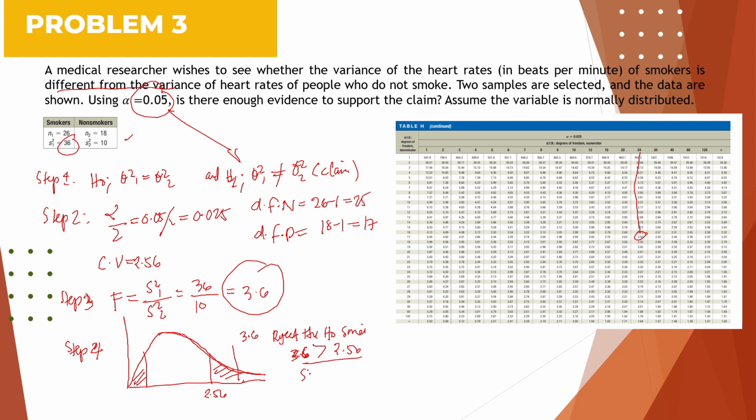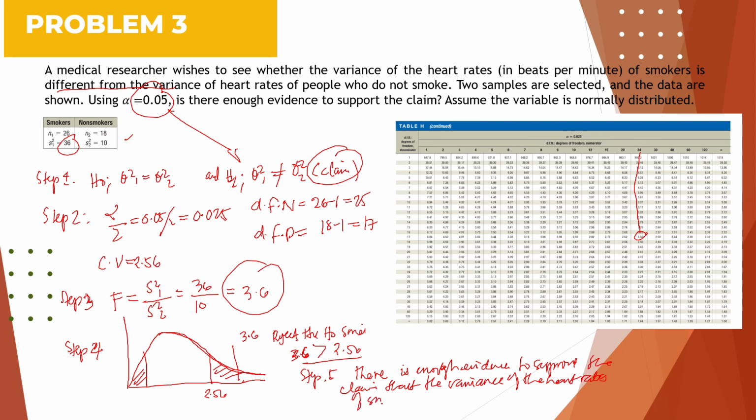And step number 5, so if our claim is our H1 and we reject the null hypothesis, we will start the conclusion or summary as: there is enough evidence to support the claim that the variance of the heart rates of smokers and non-smokers is different.